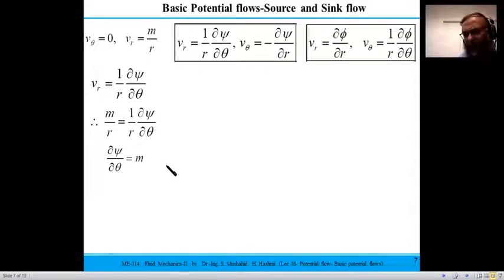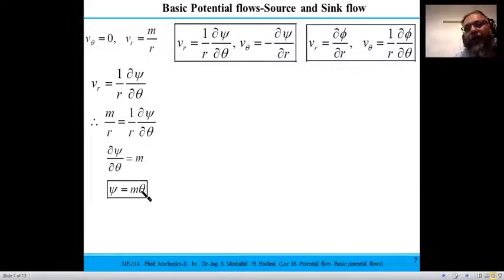So separating the variables, ψ would be m times θ, and here I have assumed the constant of integration to be 0. So ψ would be some function of m times θ.